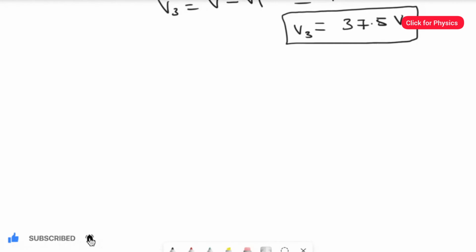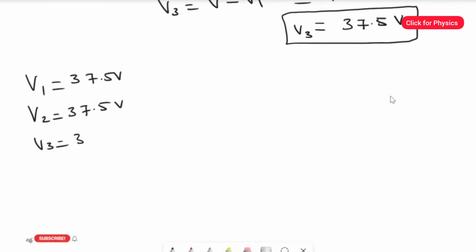Now we have to find the answer for the first question. V1 is equal to 37.5 volt, V2 also 37.5 volt, and V3 also 37.5 volt, right? Now, before using this, I can write C1, C2, C3 one more time.